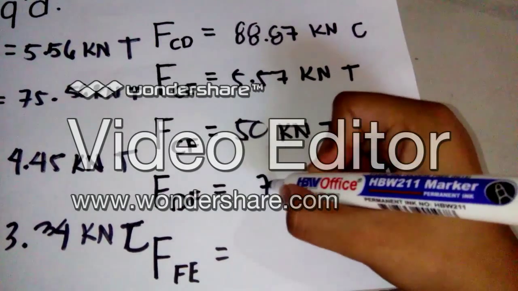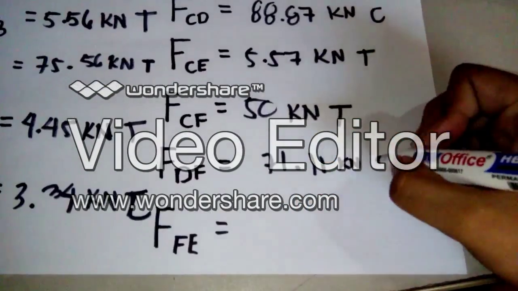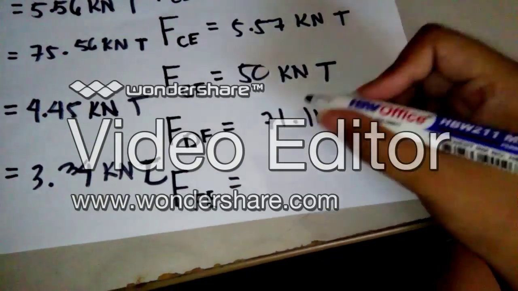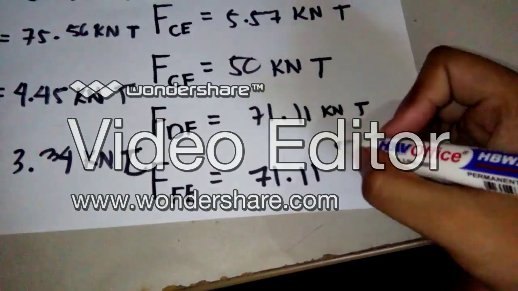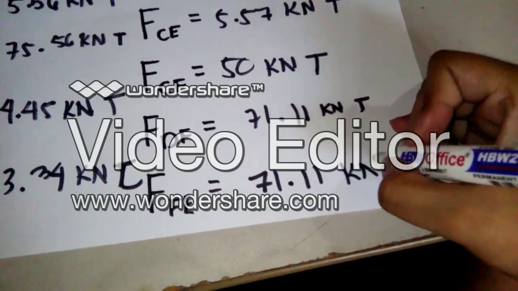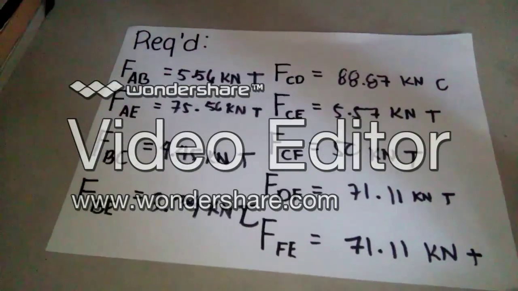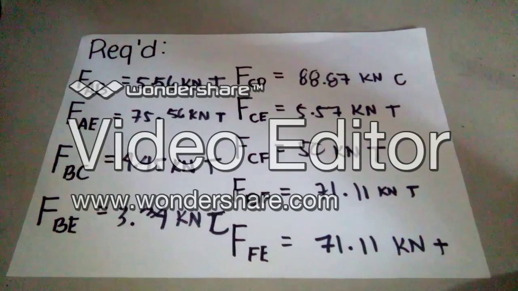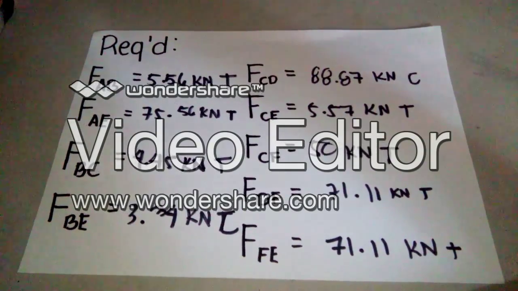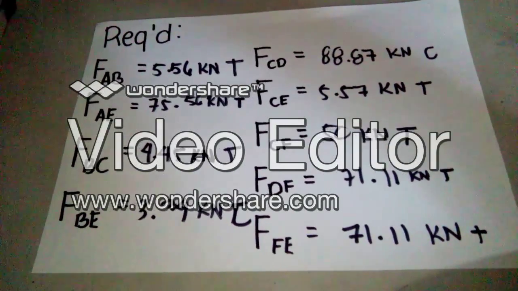FDF, 71.11 kilonewton tension. And lastly, FEF, which is also equal to 71.11 kilonewton tension. So this is the summary for the ask in the problem: find all the forces in the truss.